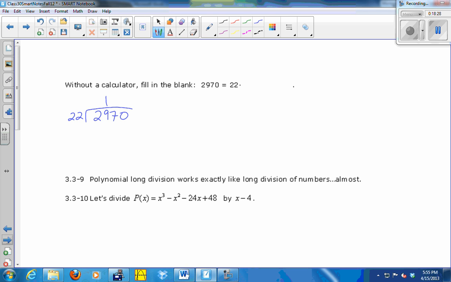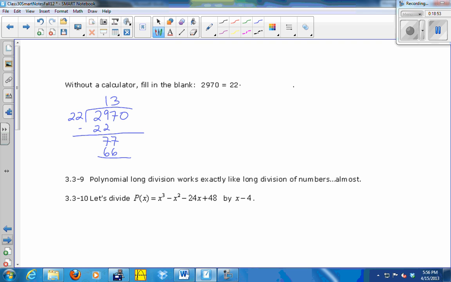Okay. And then you multiply 1 times the 22, you get 22, and you subtract. 29 minus 22 is 7, and then you bring down the 7 next to it. Then you say 22 goes into 77 how many times? 3. Put the 3 there. 3 times 22 is 66.